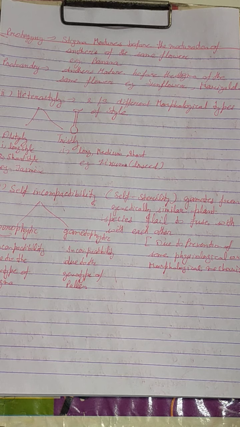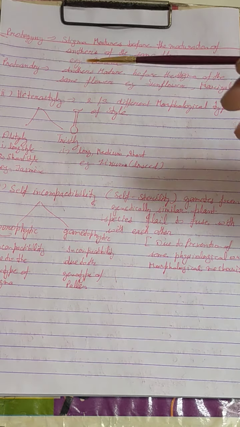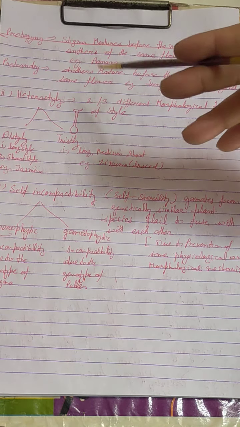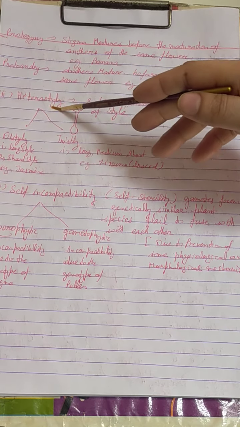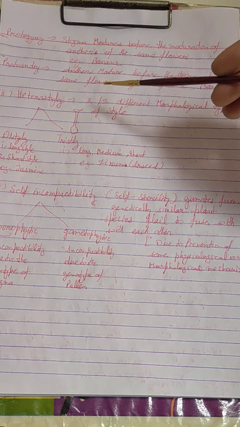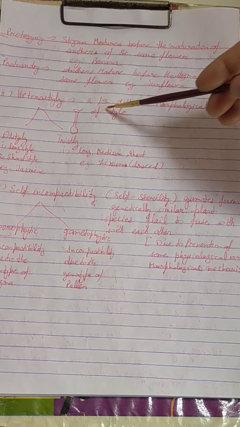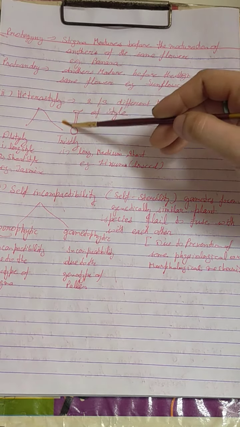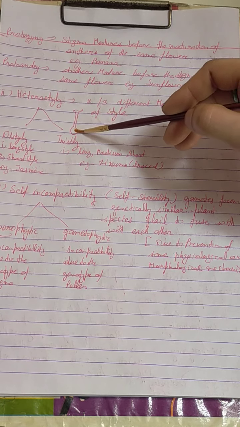Next condition, the strategy plants adopt for cross-pollination or to avoid self-pollination, is heterostyly. Heterostyly means plants will bear flowers with 2 or 3 different morphological types of style. Style means in the gynoecium, this is stigma, this is style and this is ovary.